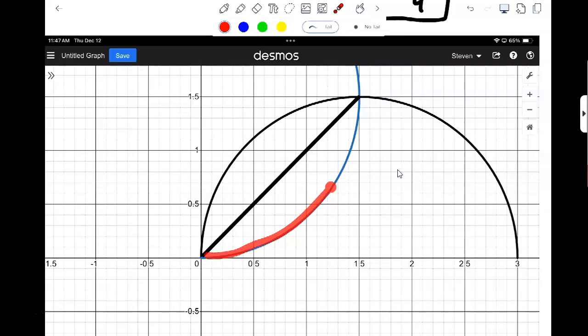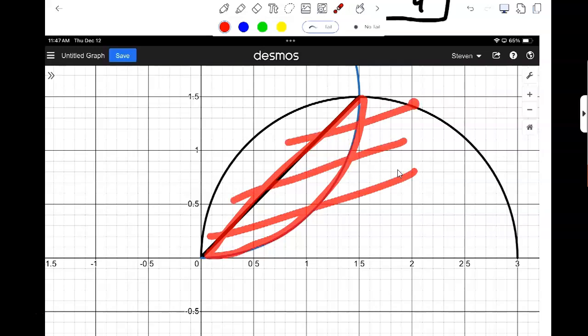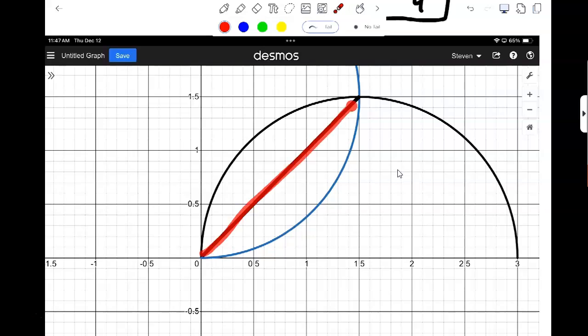But it's the area for the sine graph that occurs as we go from 0 to pi over 4. And then the second part here is the area that's generated by the cosine as you come out from pi over 4 to pi over 2.